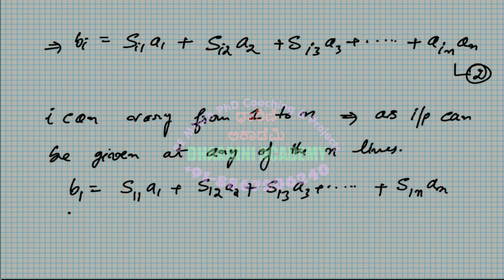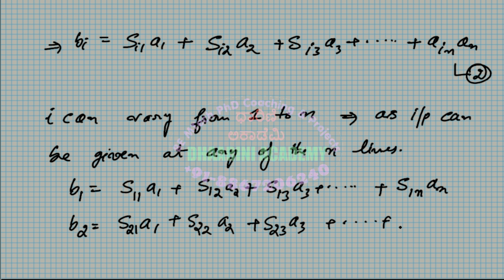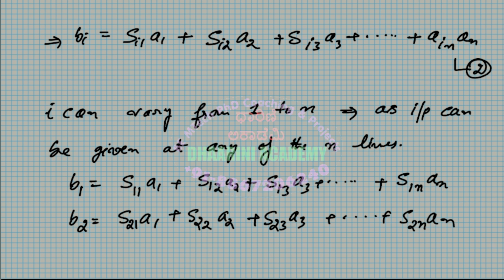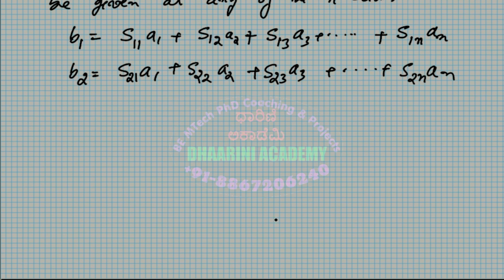There are n ports. Let's write a few more equations. Maybe B2 I'll write completely. This is S21 A1 plus S22 A2 plus S23 A3, dot dot dot, S2N AN. Let's go to the last option, because I'm very sure that there are n different ports possible. Because of n different ports, how many equations can I get? N equations.